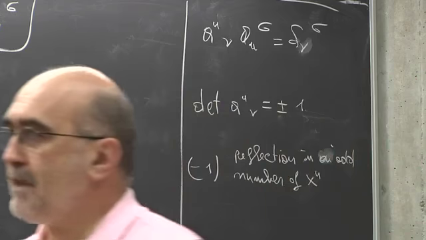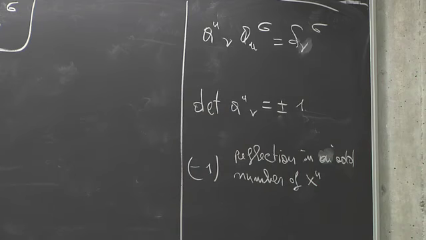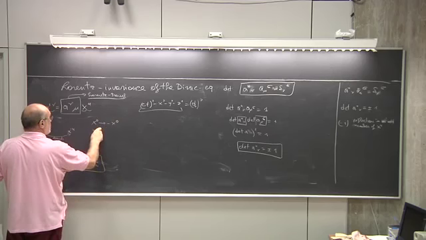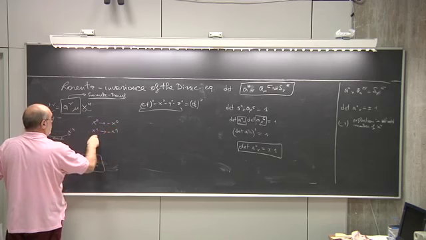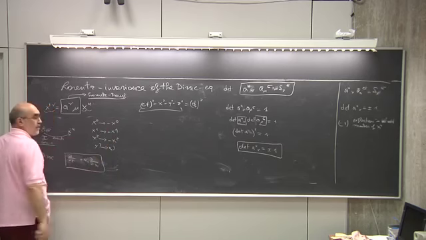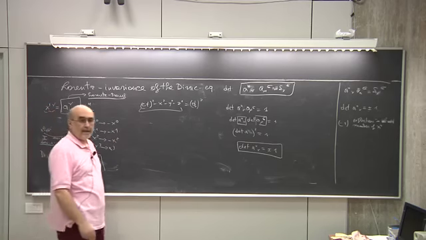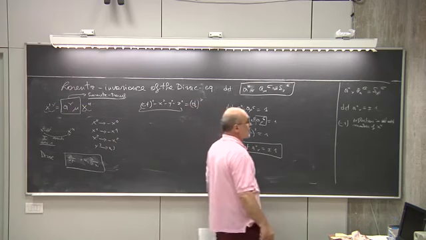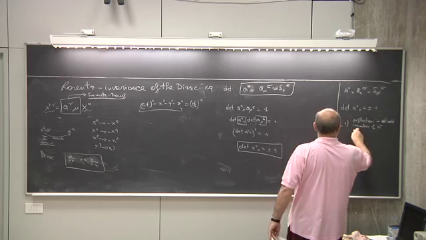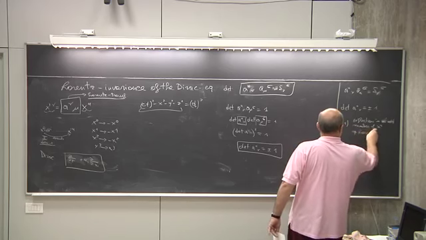If I do an odd number of reflections in x mu, that means I could change, for example, x0 going into minus x0, and then x1, and then x2, but do nothing on x3, then the overall determinant is -1. So -1 is a reflection in an odd number of x mu plus Lorentz transformation.